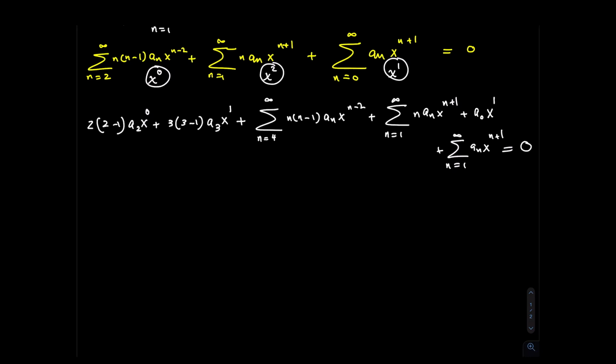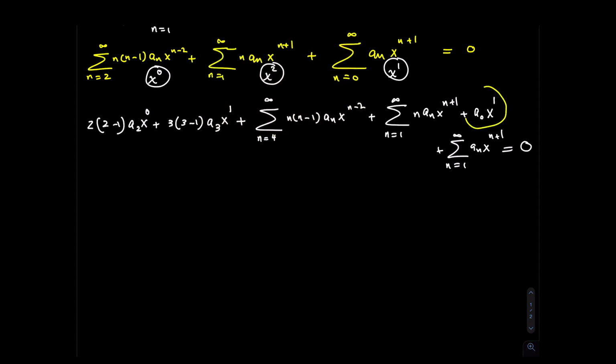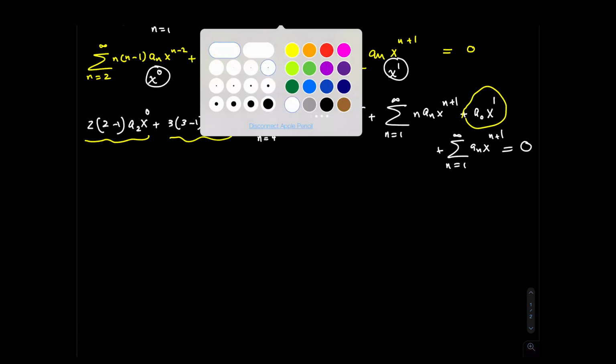Okay, so let me clean this up a bit, put things together. I'm looking for the non-power series terms, and so I want to put those together, and I'll put the power series together.